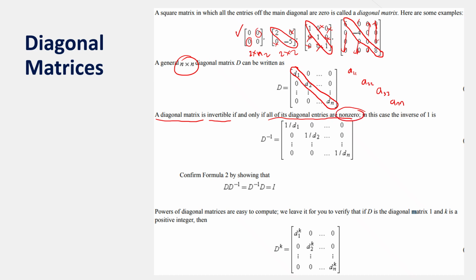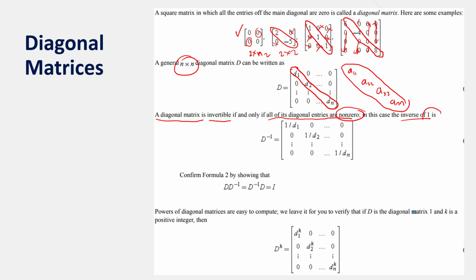So when one of the diagonal entries is 0, you cannot invert it. But if all of its diagonal entries are non-zero, then the inverse is also a diagonal matrix.